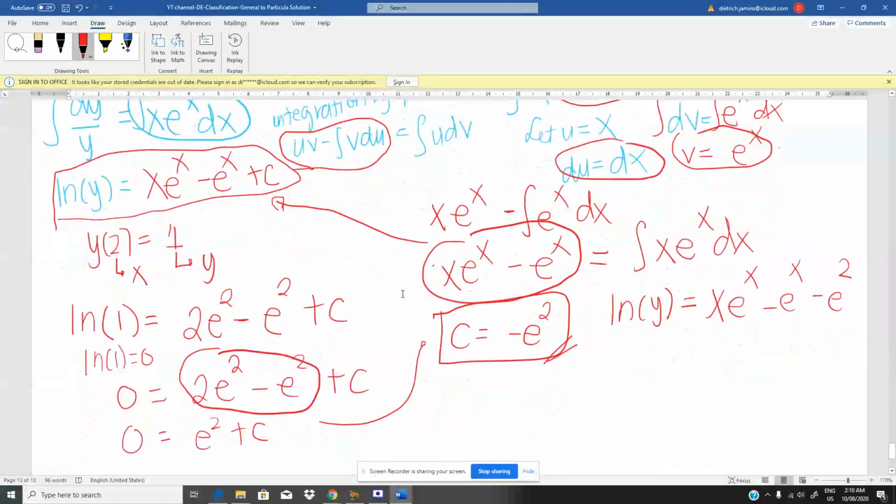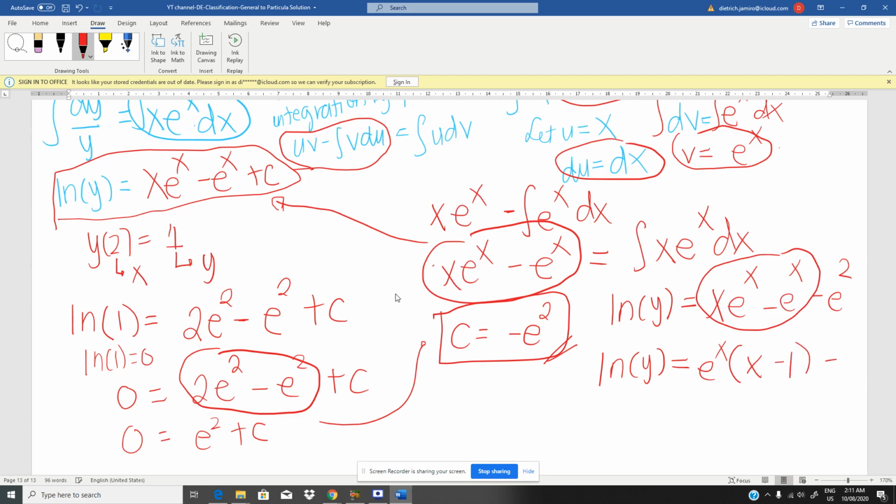So that's our answer. Simplifying further, by factoring e to the x on these two terms, we will have e to the x times the quantity x minus 1, minus e to the second power. So that's our answer.